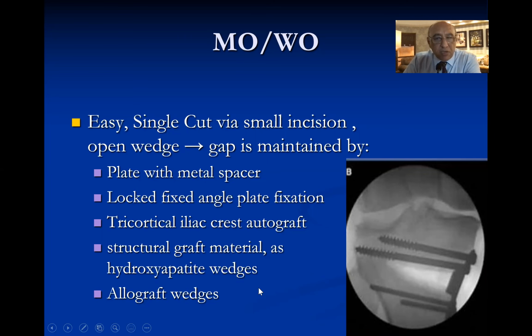Actually, the allograft was a common use even in Eastern Europe. They just make a small cut, open the cut in the tibia, and put an allograft from the bone bank.